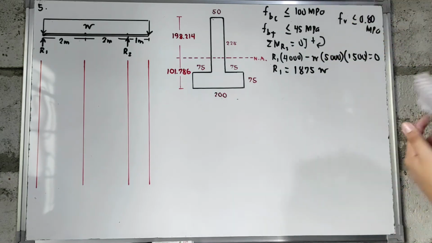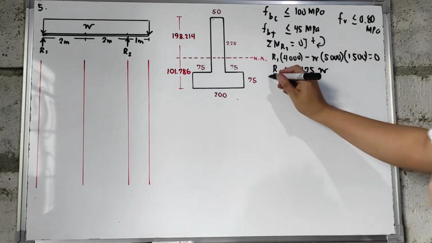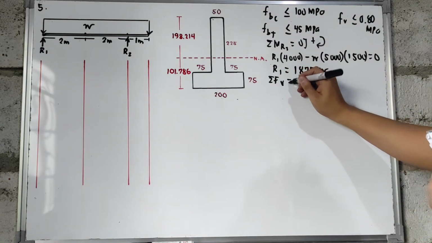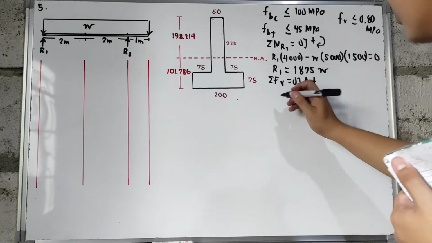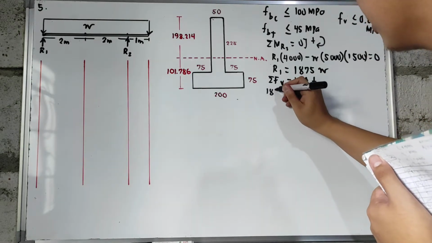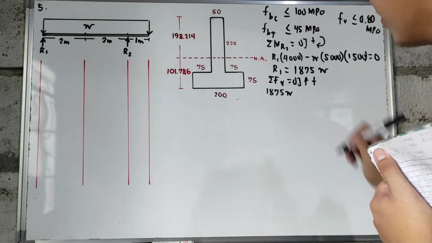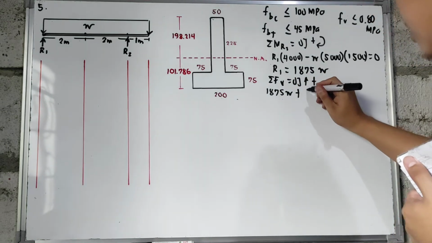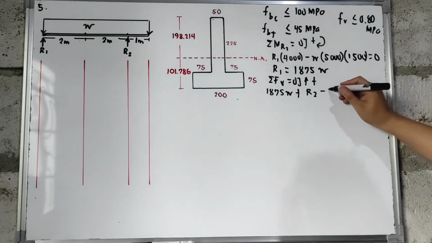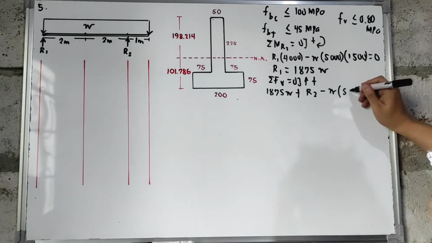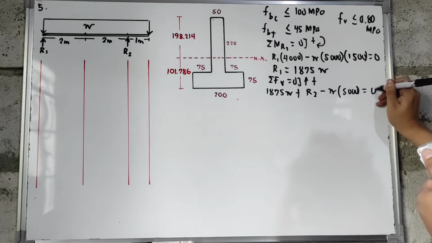So if we will take summation forces, vertical is equal to 0, upward positive. So yung value ng R1 natin, that is 1,875 W plus the value of your R2 minus W multiplied by 5,000 is equal to 0.